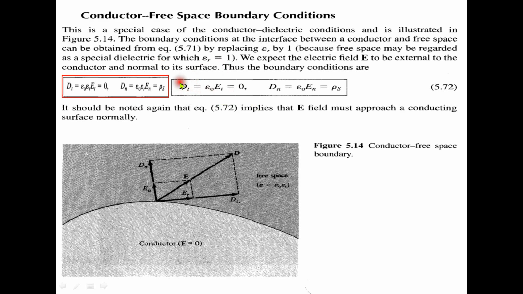So the tangential component and the normal component can be modified. For the tangential component, epsilon naught into Et is equal to 0, since epsilon r is 1. Similarly, for the normal component, epsilon naught into En equals rho s, since epsilon r is 1.